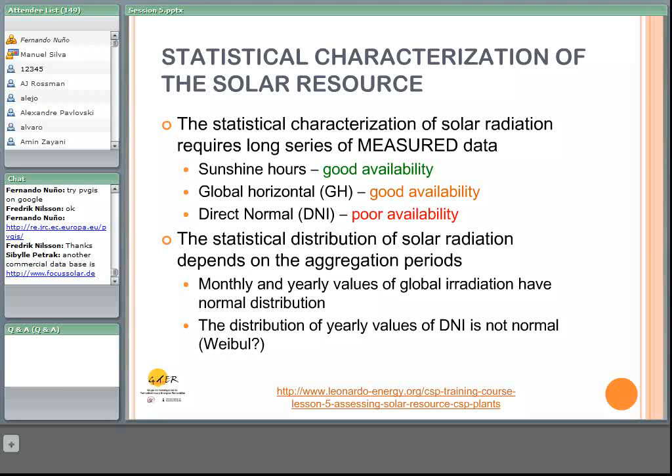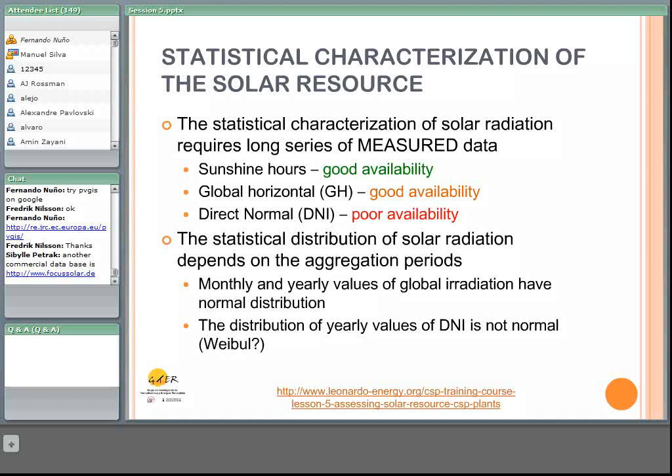For sure, the instant values of solar radiation in general don't follow a normal distribution. They follow different types of distribution. But when we go to monthly or yearly values, global irradiation shows more or less a normal distribution. It's commonly accepted that the distribution of these monthly and yearly values is close to normal.